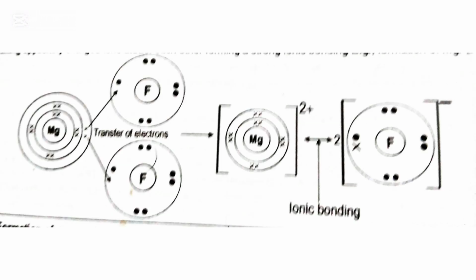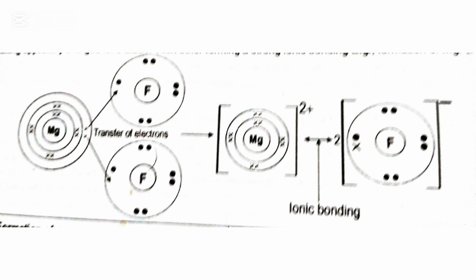Now, here is a diagram of how magnesium fluoride is formed. We have one atom of magnesium losing the two outermost electrons. Each electron goes to a fluorine atom. Each of the electrons is transferred into a fluorine atom as shown in the diagram.